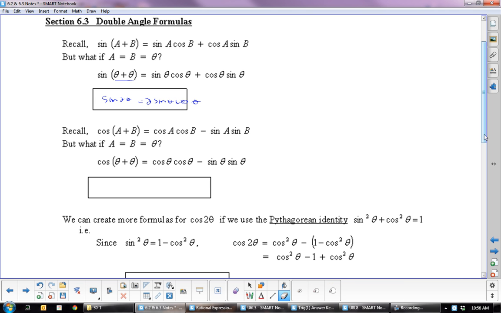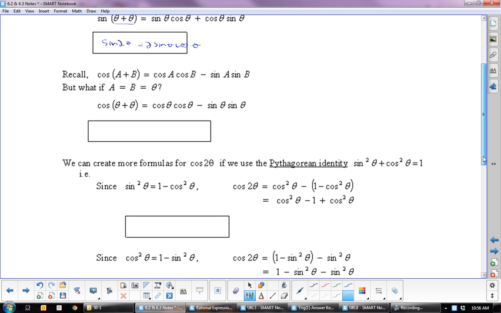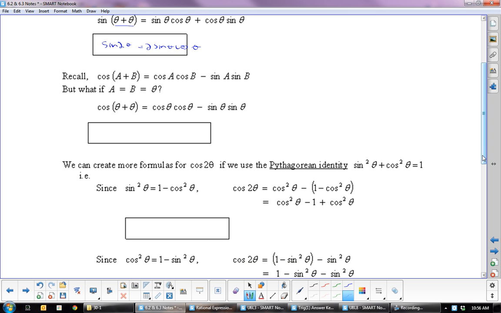Okay, now these are all on your formula sheet, and they all come from just combining different formulas together and just manipulating them. Okay, and this one is cos 2 theta equals cos squared theta minus sine squared theta.